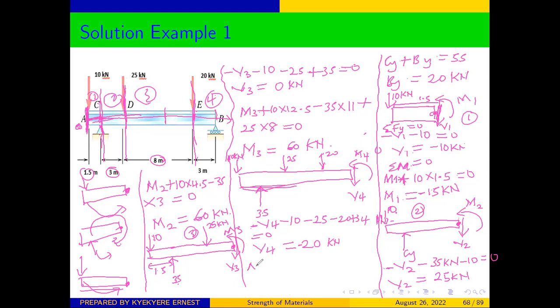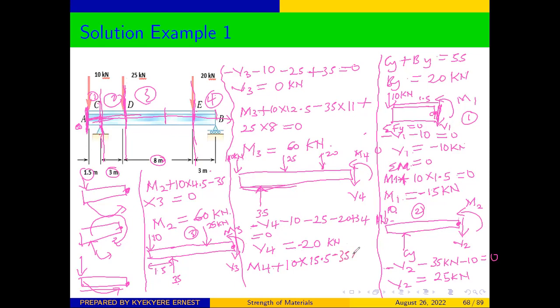So the moment M4 is already there, it's in the positive, and it's going to produce an anti-clockwise motion. So we have plus N times the distance from this to where we are taking the moment, 1.5 times plus 3 plus 8 plus 3 will give us 15.5. Minus 35 is going to produce anti-clockwise rotation.